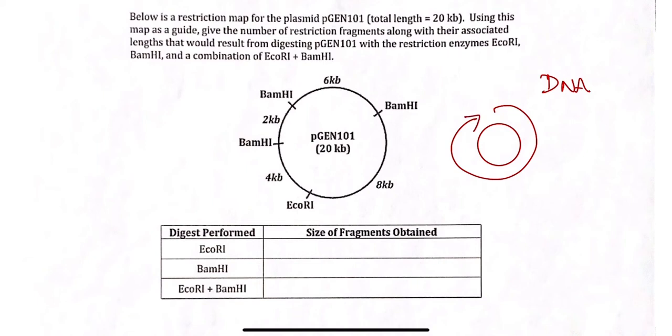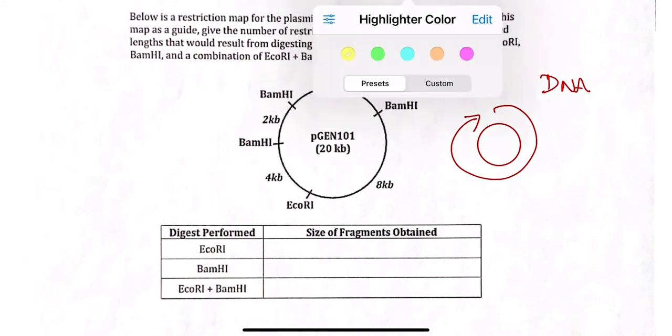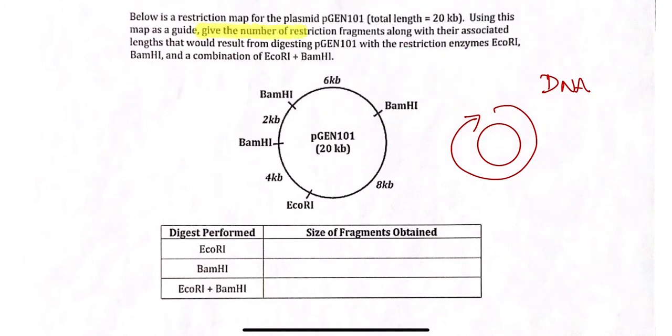In the case of using a map as a guide, we're asking you in this example to follow along and give the number of restriction fragments along with their associated lengths that would result from digesting this plasmid with the restriction enzymes EcoR1, BamHI, and also a combination of both.